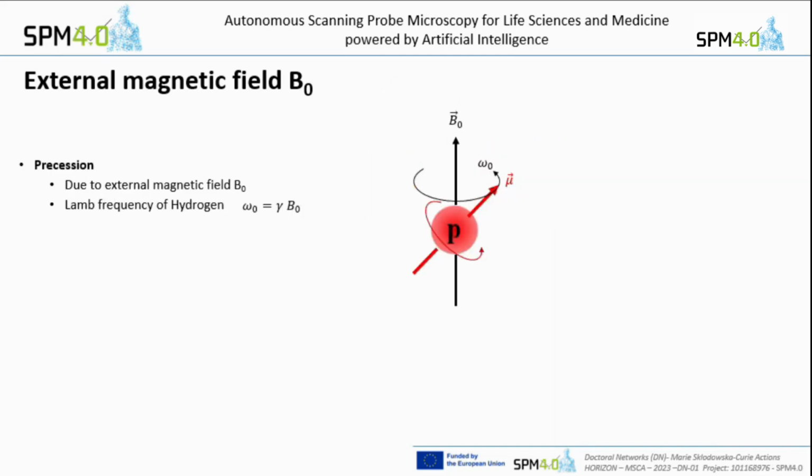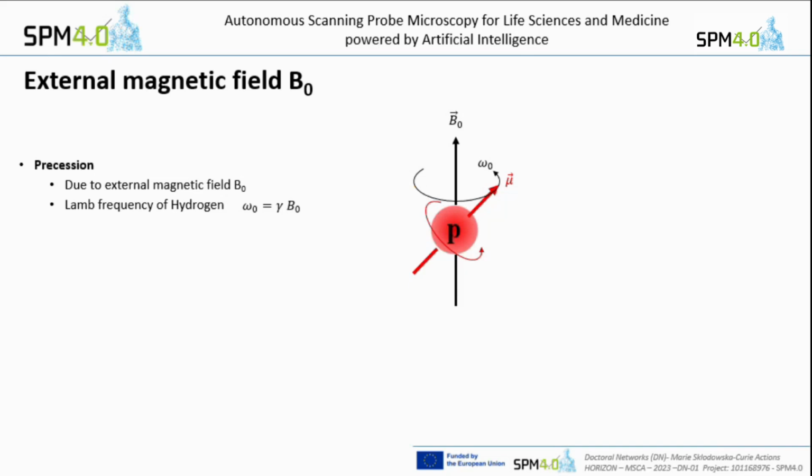If we bring both together, the proton and the external magnetic field, the proton starts to precess around the external field. The frequency is determined by the gyromagnetic ratio gamma and the external field B0.